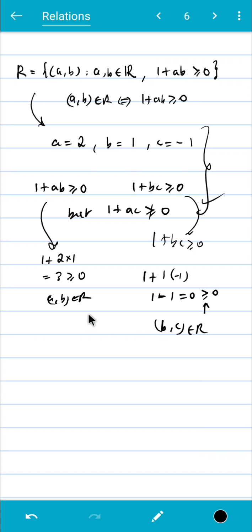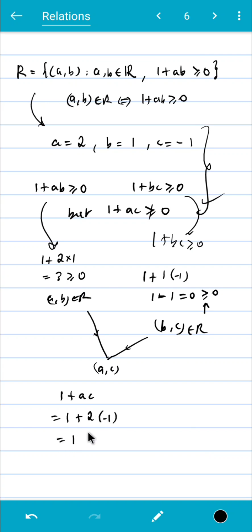Now, having these two in R, we check for (a, c). Does (a, c) belong to R or not? If not, then we can say that this relation is not transitive. So what's the value of 1 plus ac? a is 2 and c is minus 1.